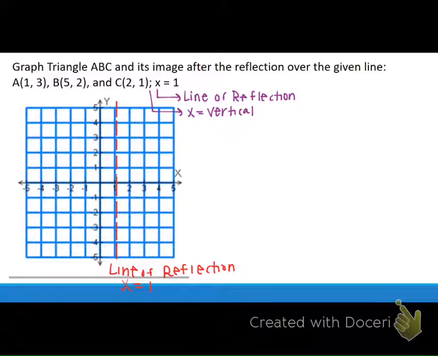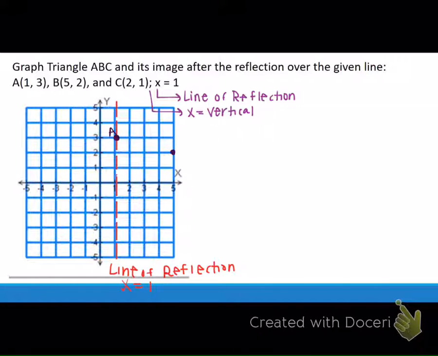And then I'm going to plot my original points. And this is the pre-image. Remember, pre means before movement.